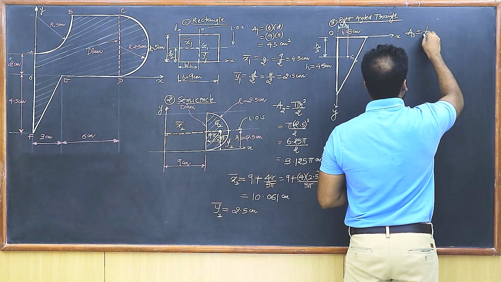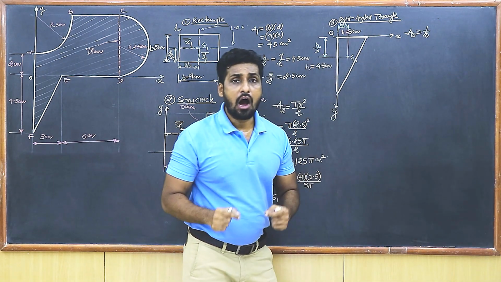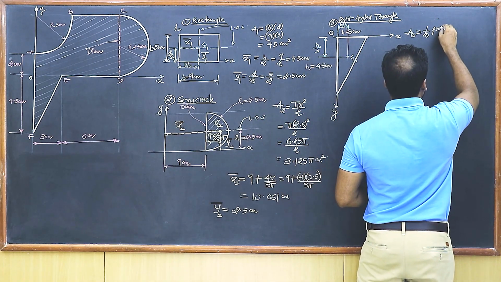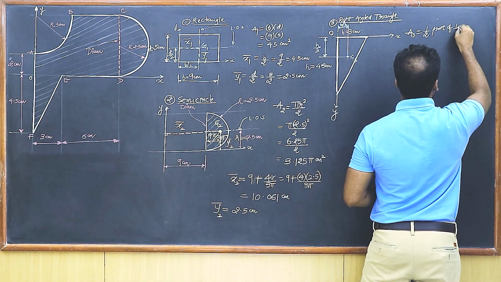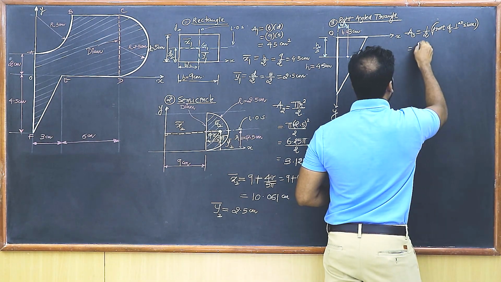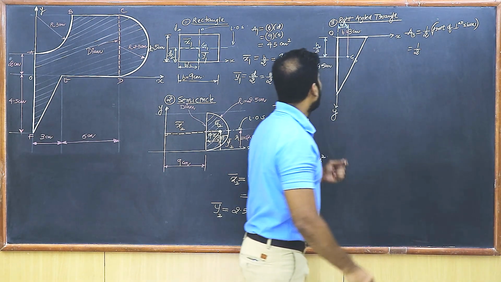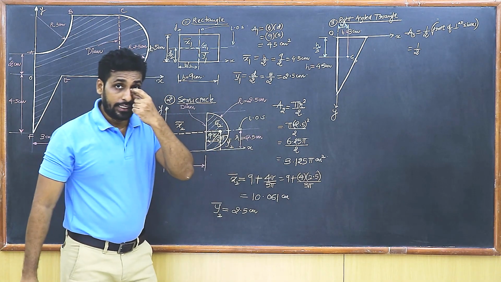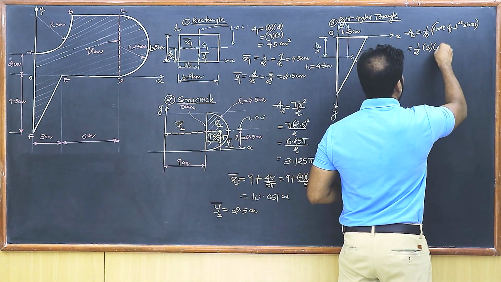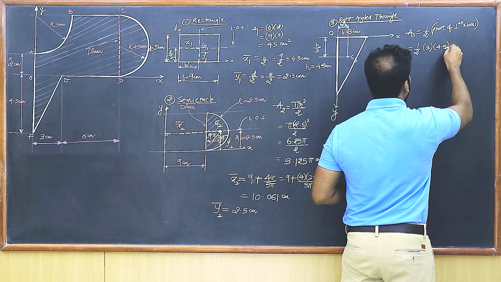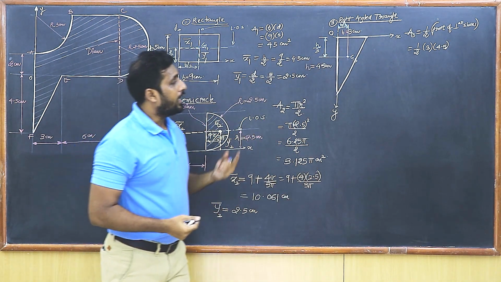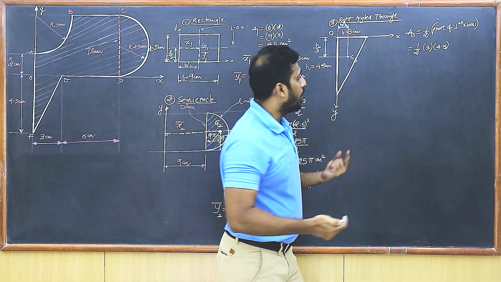I know the area for a right angle triangle is half into the product of the perpendicular sides. So I write half into product of perpendicular sides, isn't it? So who are the perpendicular sides here? So that's 1 upon 2 into 3 centimeter and 4.5 centimeters. So I write 1 upon 2 into 3 into 4.5. If you want, you can proceed further with the simplification part. So you get this 3 and it gets divided by 2, you get 1.5.